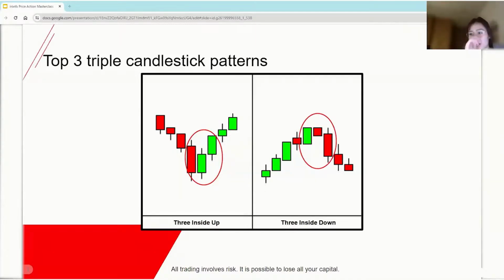Okay, so next we have the three inside up and three inside down. Here we have an opening candle, which is a bearish candlestick, followed by a green bullish candlestick, which is much smaller. And the opposite is true for a three inside down.